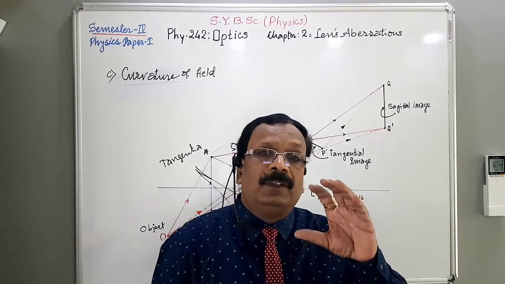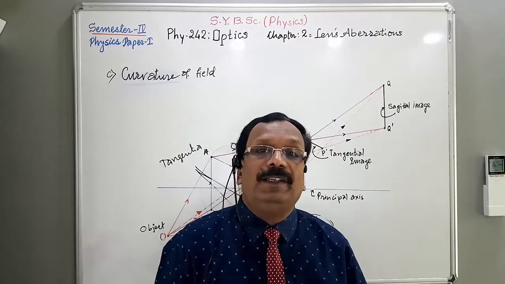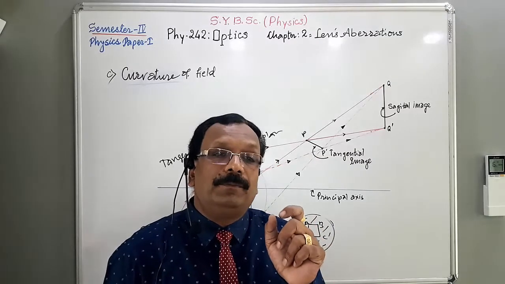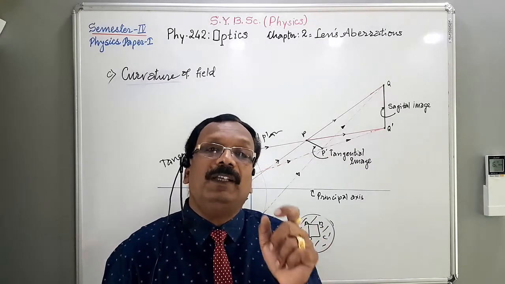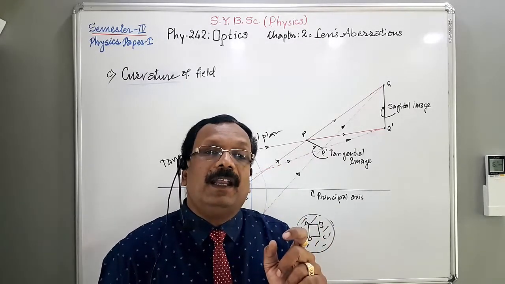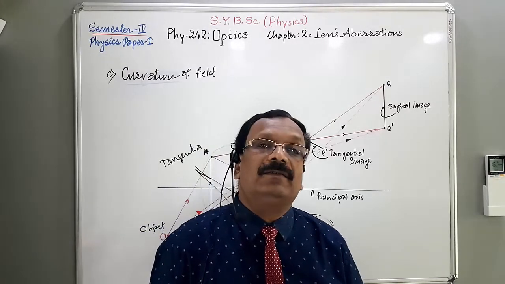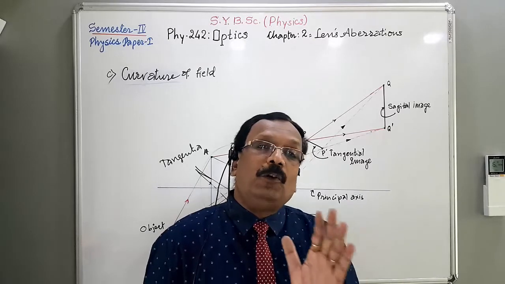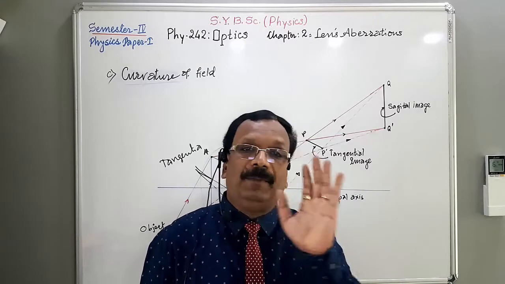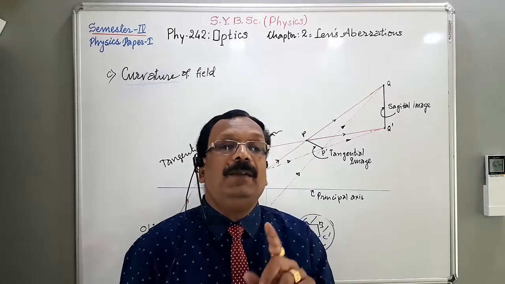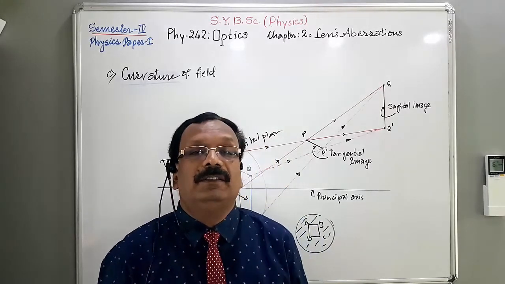Now listen carefully to what I am going to tell you. If a point object is placed in front of the lens and the lens is absolutely free from spherical aberration, coma and astigmatism, there will be one and only one point image.